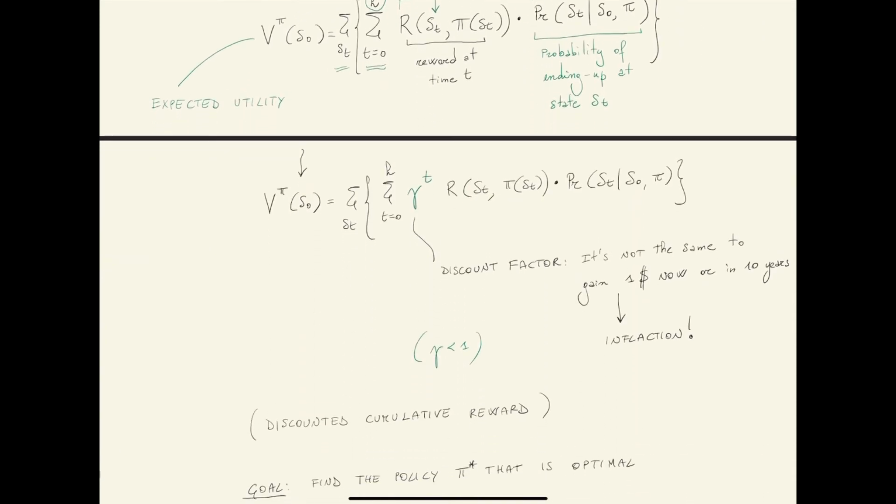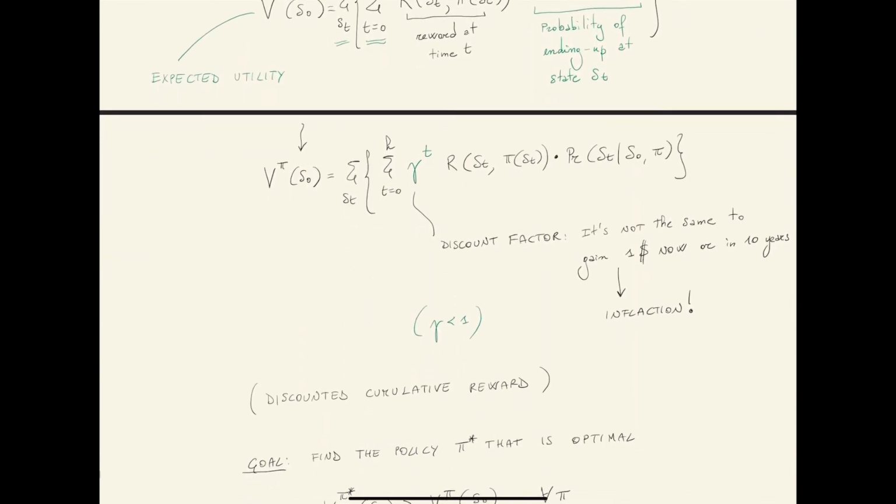You want to maximize that, but you can introduce also the concept of inflation. So you can multiply the rewards that you get at every time step by a certain discount factor, which is this gamma to the power of t, this thing here. And the meaning of that is that basically it's not the same to gain $1 now or to gain $1 in 10 years, because there is the inflation.